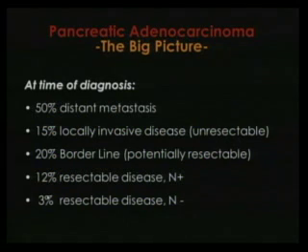Unfortunately, if you go to the last 2 sentences, you will see that probably what we want in a patient with pancreatic carcinoma is early detection, obviously. But usually this is around 15 to 20%. It's pretty low. 50% have metastasis at the time of diagnosis, 15% with locally invasive disease, which is unresectable.